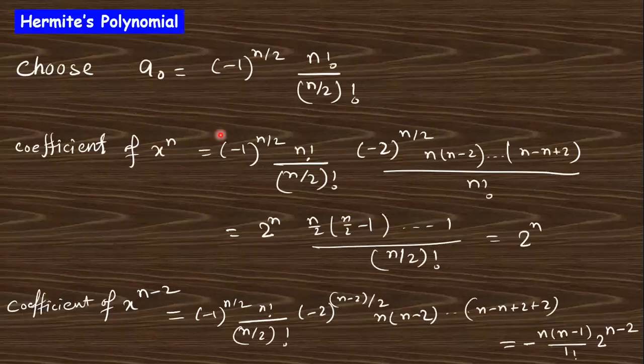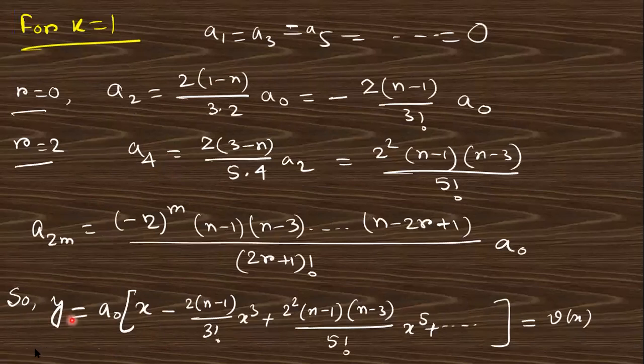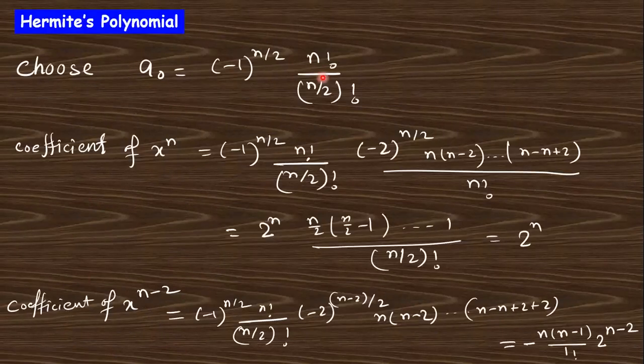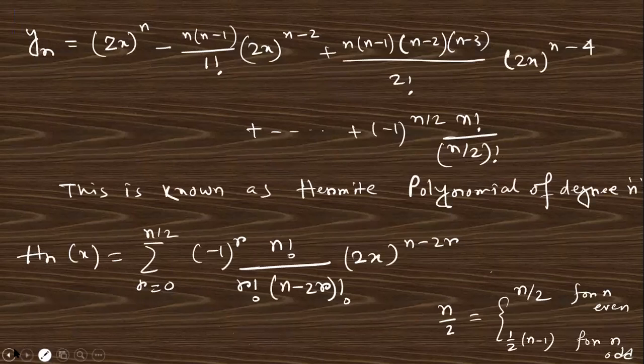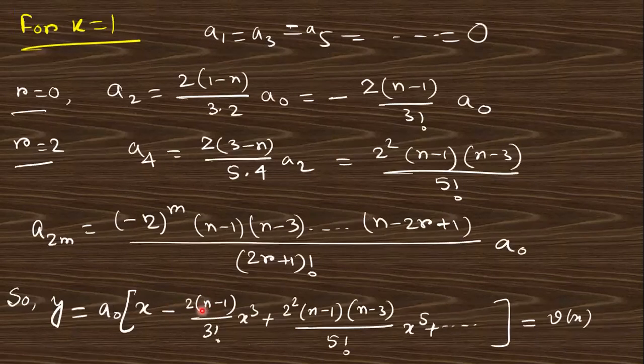Now if you choose a0 in that form, and compare the coefficient of x to the power n in this solution, the coefficient of x to the power n will be like that.